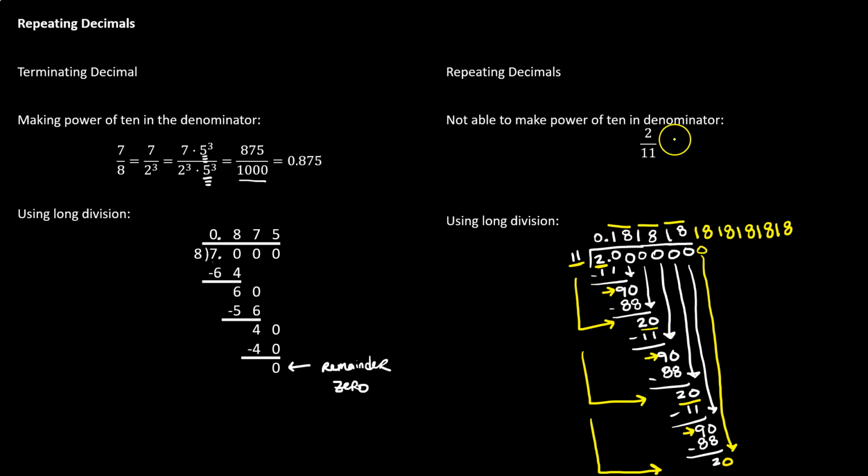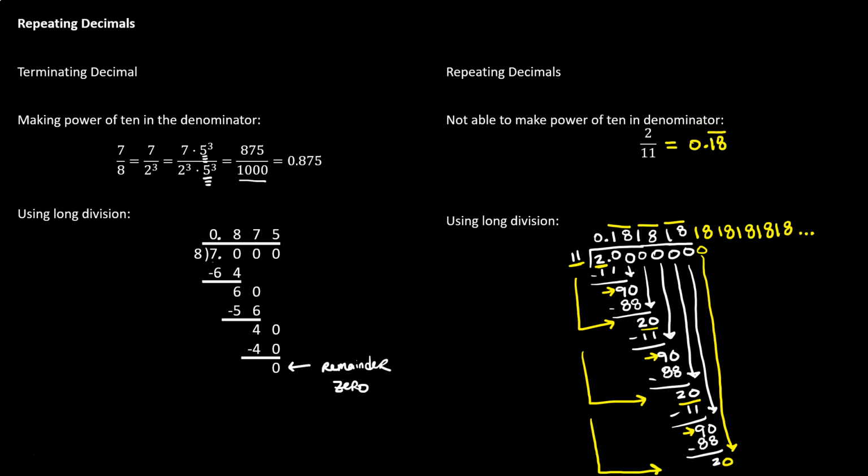So for this fraction, 2 over 11, we wouldn't just write 0.18. We would need to signal that that 1/8 pattern continues indefinitely. We can do that by putting 3 dots as an ellipsis to say this pattern continues, or we can use the over bar.